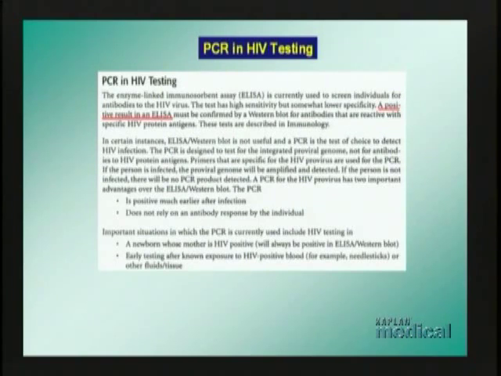The reason why ELISA is used, as you know from immunology, is because it's very cheap and very quick. But the problem with ELISA assays is that it can be false positive. And the reason for this is cross-reactivity. Antibodies in the blood might cross-react with proteins from other sources. So the problem is being false positive.